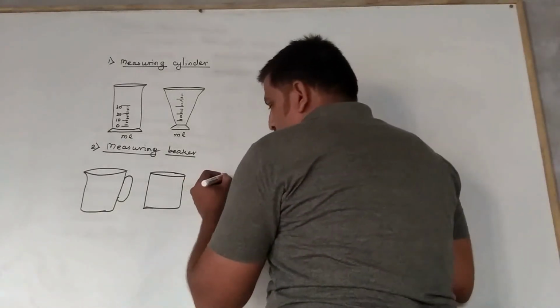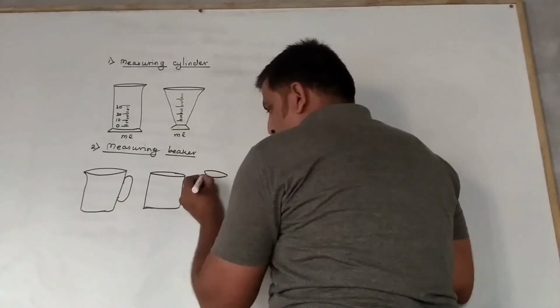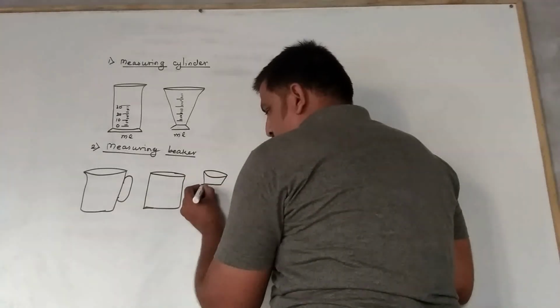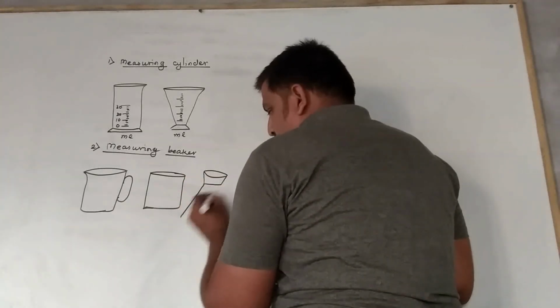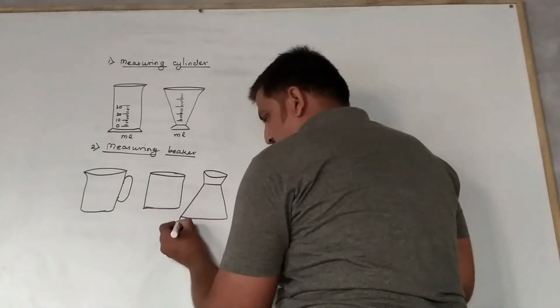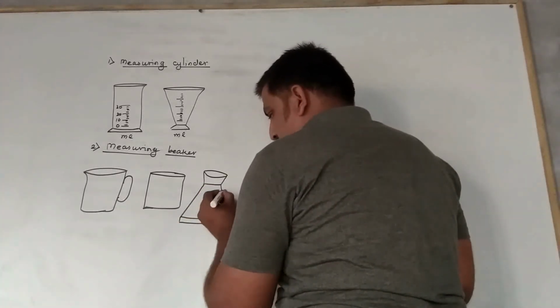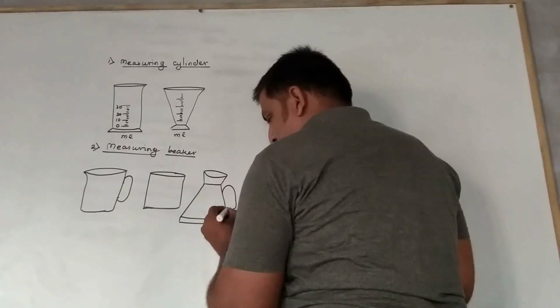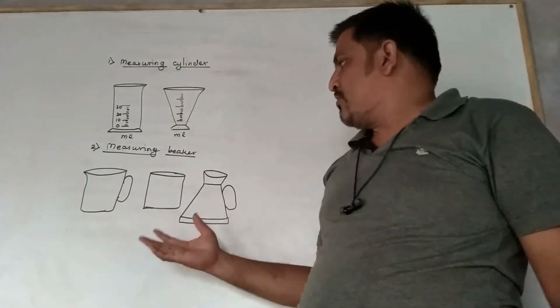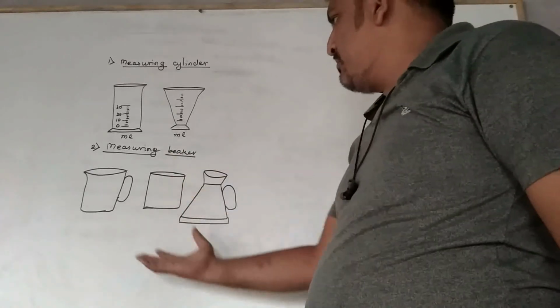And one more, which we always find at a grocery shop. ओके और राशन वाला जो होता है उसके पास भी ये होता है इस तरीके का कैन, which is used to measure the kerosene, right? So these are the measuring beakers.